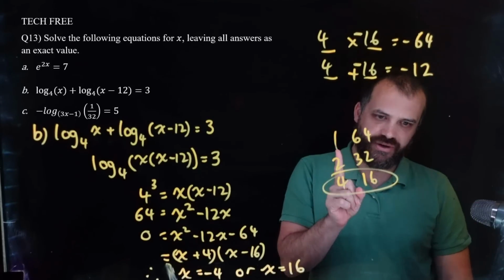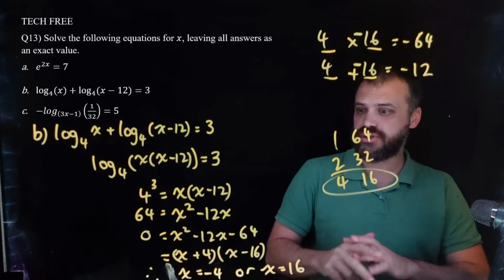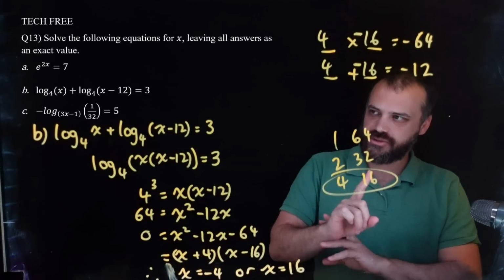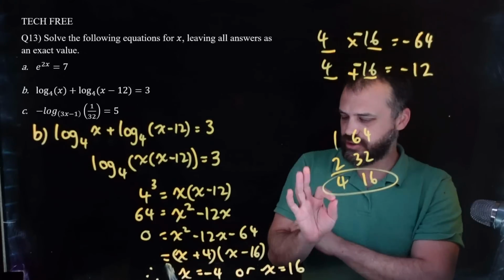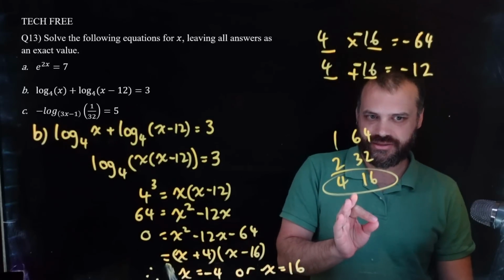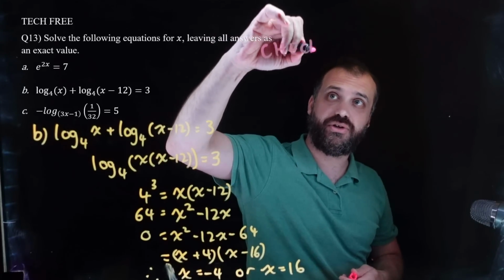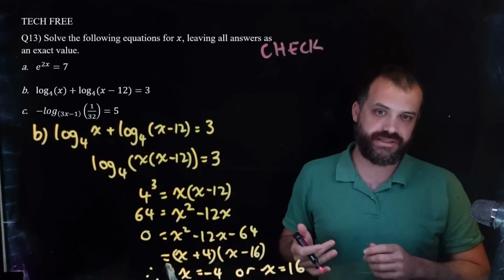Now, it is going to be very tempting to stop here and celebrate because you think you've got two answers and we're finished. But when it comes to solving log equations, you've always got to think about things at the end. So we've got to do a check. We have to do a check. Every time we solve a log equation like this, we've got to do a check to make sure our two answers make sense.